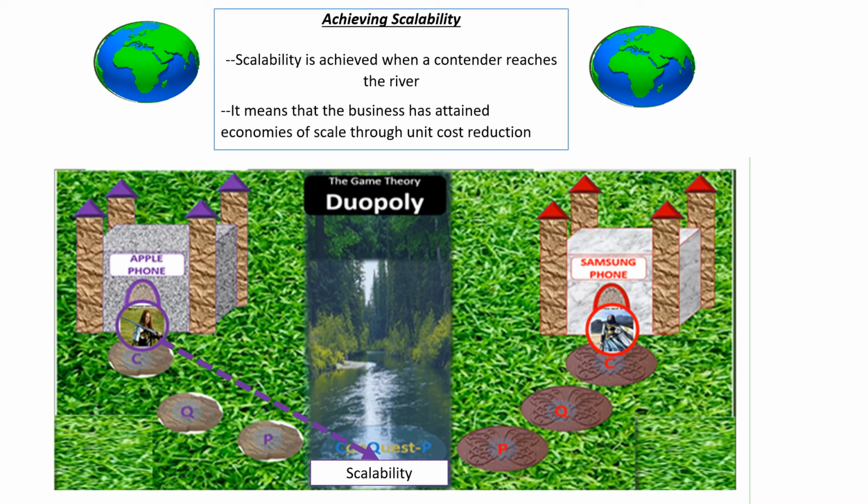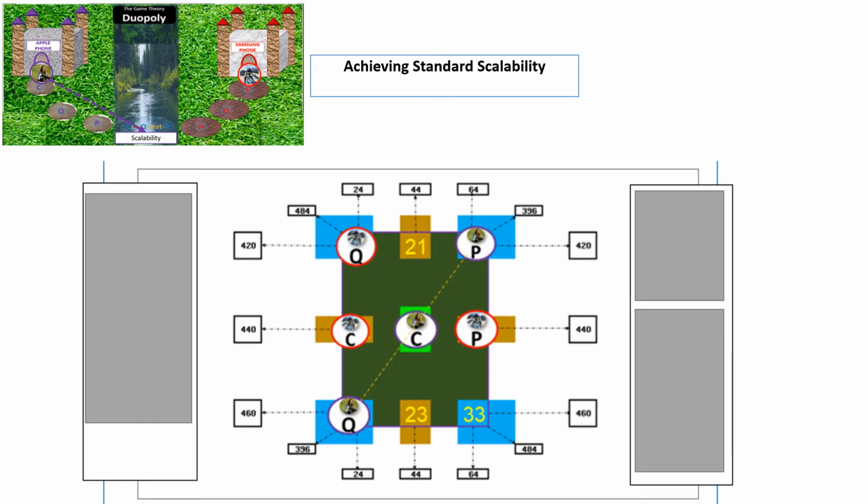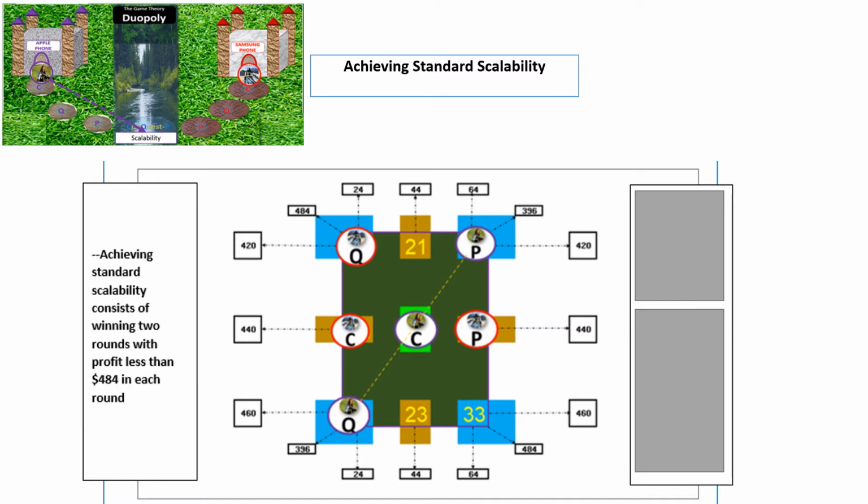Achieving scalability. Scalability is achieved when a contender reaches the river. It means that the business has attained economies of scale through unit cost reduction. Achieving standard scalability consists of winning 2 rounds with profit less than 484,000 each round.